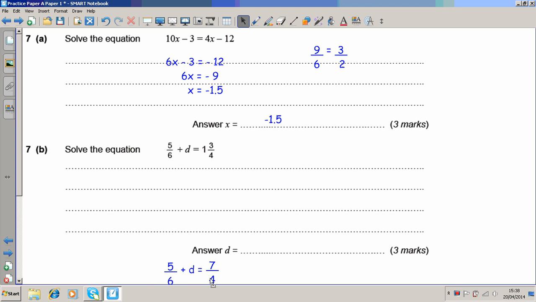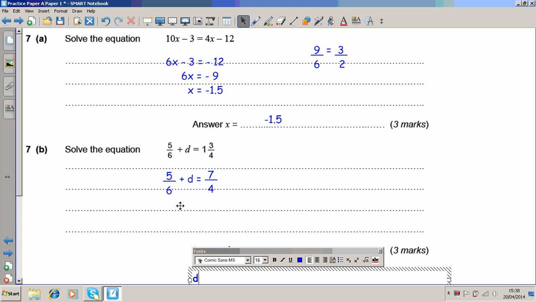Okay, solve the equation 5 over 6 plus d equals 1 3/4. Okay, so to do this one, the first thing I'm going to do is turn this into a mixed number and turn that into 7 over 4. Okay, now if I want to know what d is, then I need to take 5/6 away from both sides.